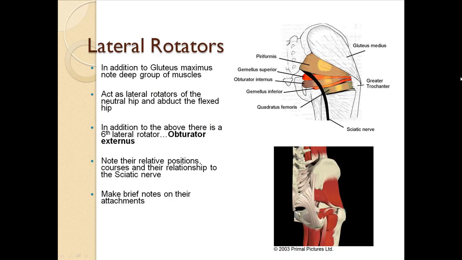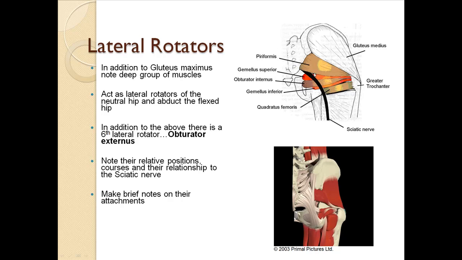Finally, deep to the abductors and deep to gluteus maximus, on the posterior aspect of the hip joint, we have a small group of muscles known as the lateral rotators. These include here piriformis, which is the largest of the lateral rotators, gemellus superior, obturator internus, gemellus inferior, this red one, and then quadratus femoris.